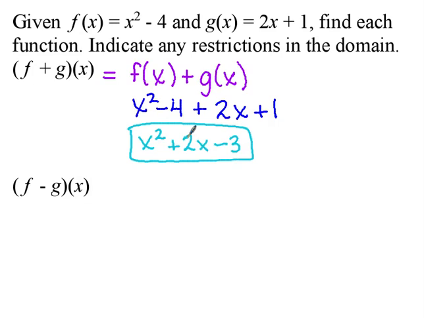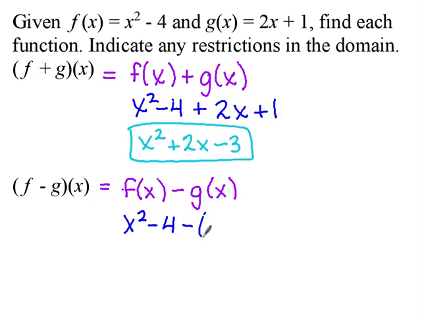Now for the minus, f of x minus g of x. Biggest thing we need to do is remember to distribute the negative sign if we need to. So now I'm going to plug in f of x. F of x is x squared minus 4 minus g of x, which is 2x plus 1. What do you need to do?